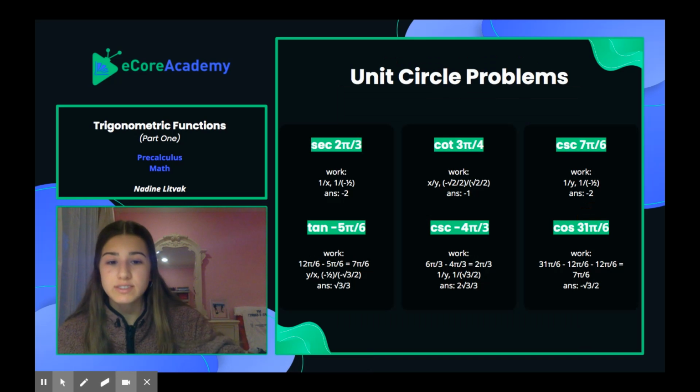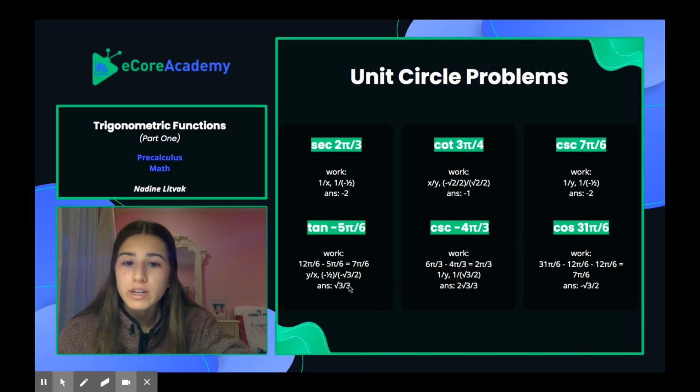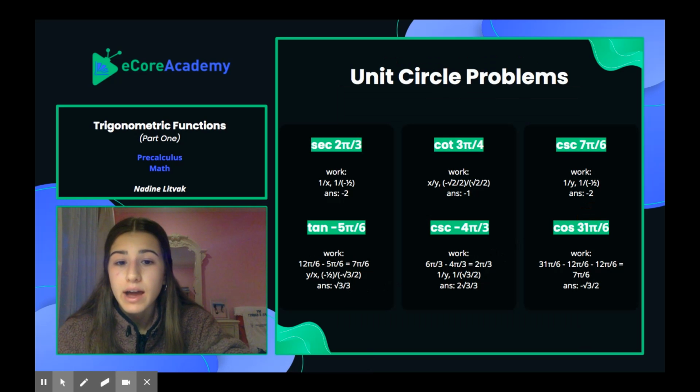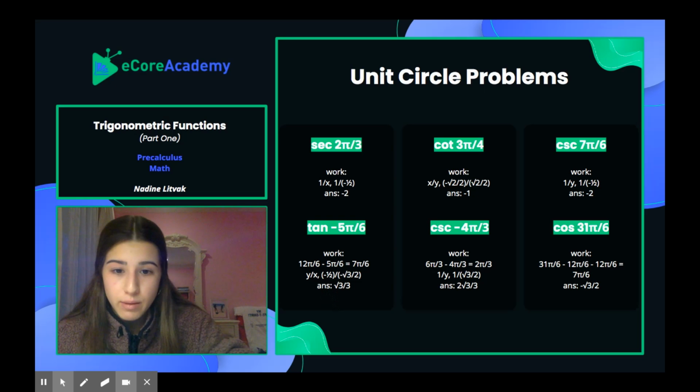So the tangent of 7 pi over 6. We know that the x value is negative root 3 over 2 and the y value is negative 1/2. In order to solve for tangent, we do y over x. So I will show you the work here.